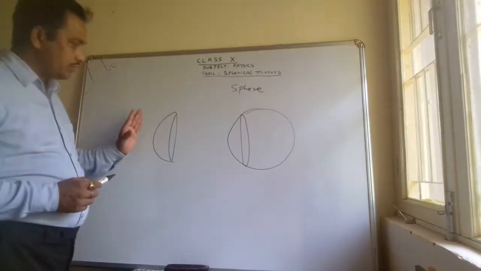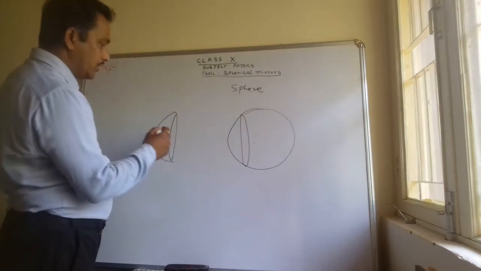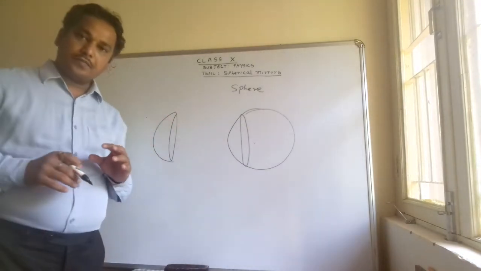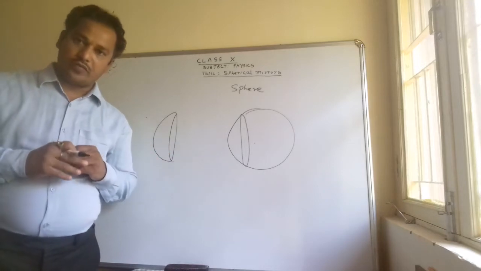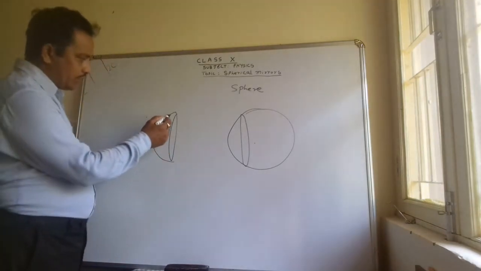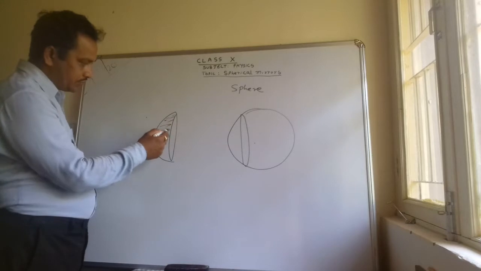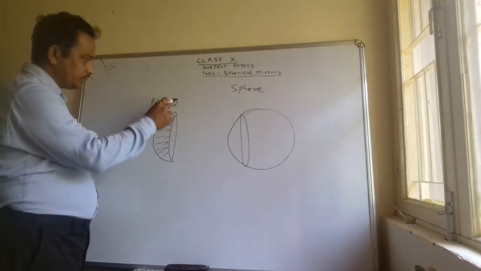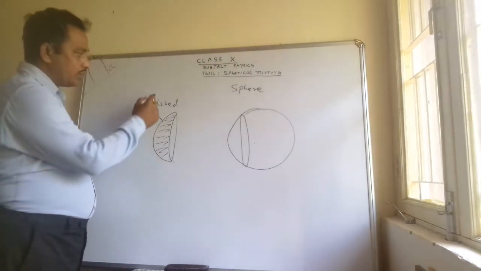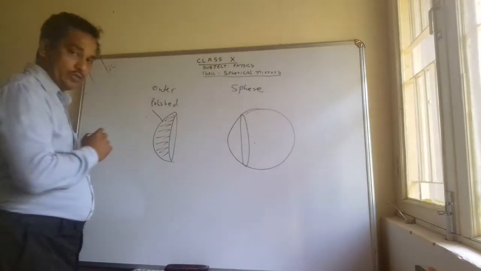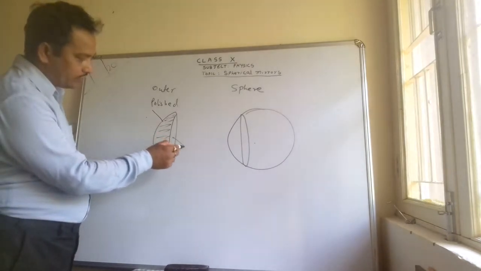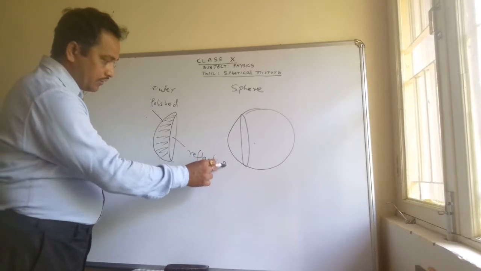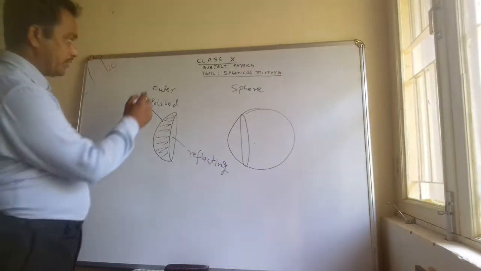Here the inner part and the outer part either can be polished or reflecting, and then we can decide whether it is a concave or convex mirror. If the outer surface is polished, however the inner surface of the mirror is reflecting, then we call it a concave mirror.